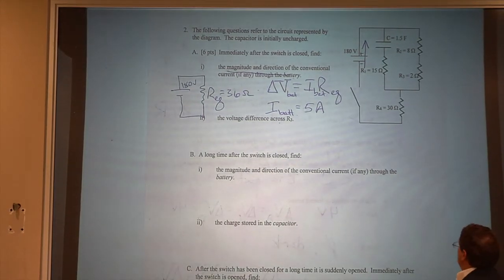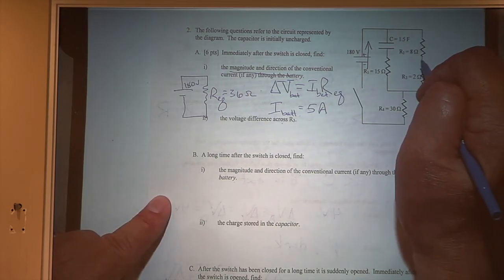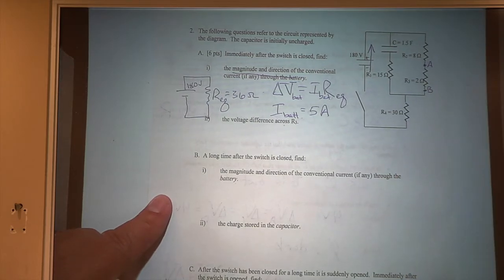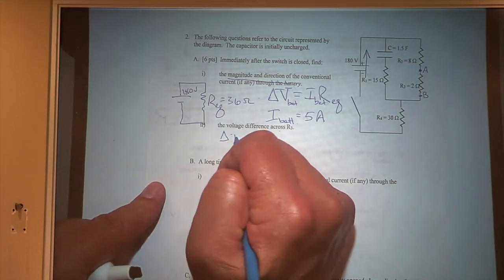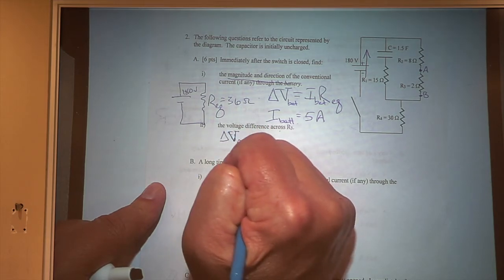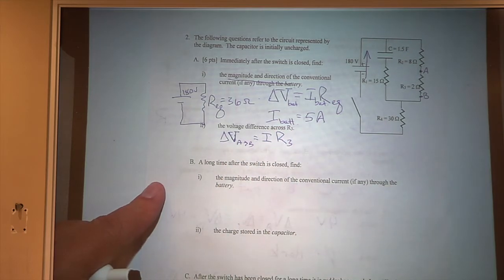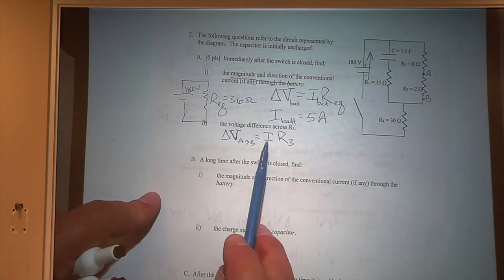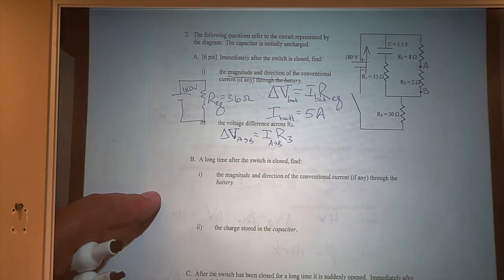Now, we want to know the voltage difference across R3 from this point A to this point B. Well, I can use Ohm's law locally, where I'm just finding the voltage from A to B. It's the current that flows from A to B and the resistance between A and B, which is R3.